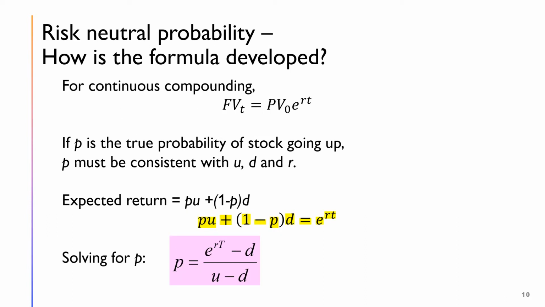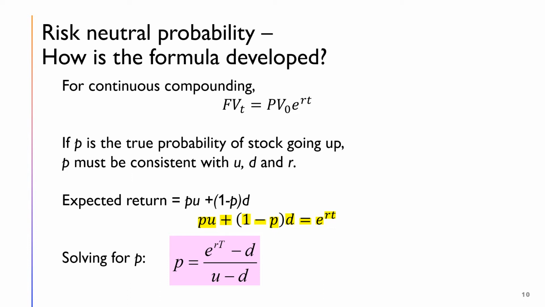Why is the formula of risk-neutral probability as such? How is the formula developed? We are going to understand further. For continuous compounding, the future value is equal to present value multiplied with the exponential compounding factor e power of r and t. The expected return can be explained in two ways. First, if we assume investors will earn a risk-free rate of return, the expected return is e power of RT.